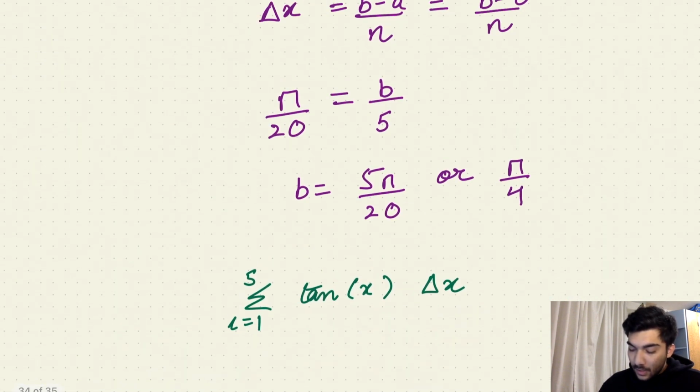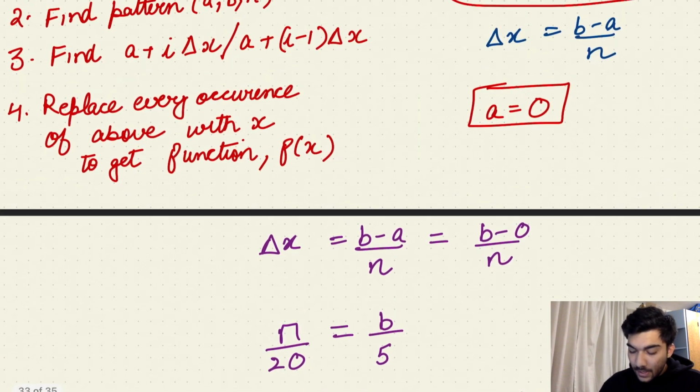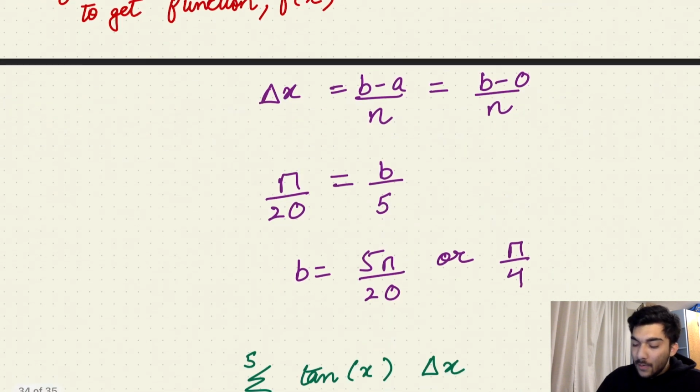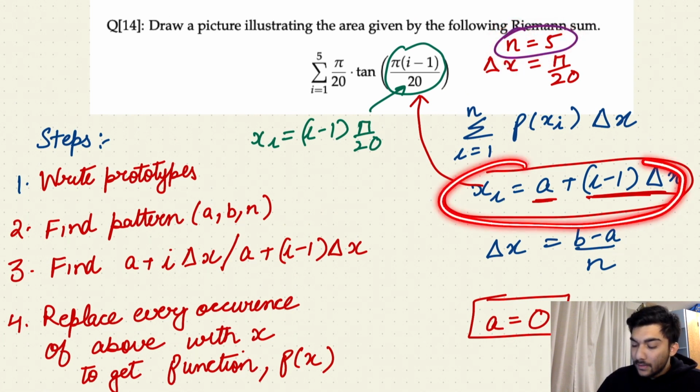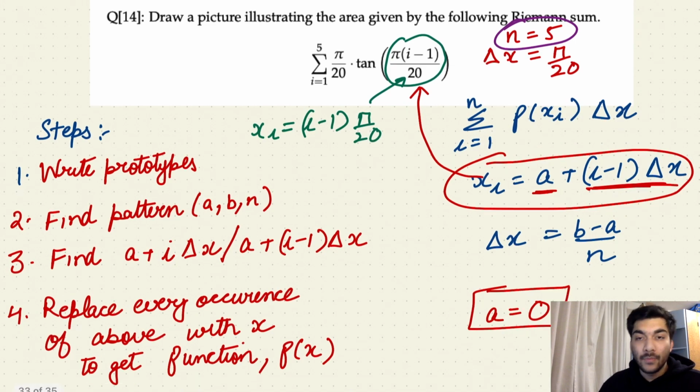So now I got my function f(x), which is tan x, and I know I'm approximating the area under the curve for y equals tan x between the endpoints a equals 0 and b equals 5 pi by 20, by taking 5 rectangles and using a left hand Riemann sum.